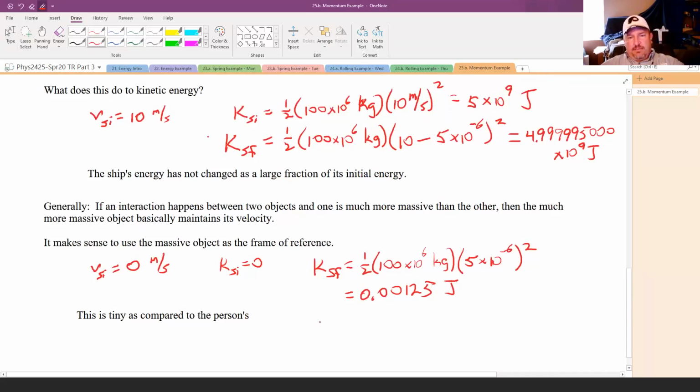That is tiny as compared to the kinetic energy of the person final, which is 1/2 times 100 kilograms times 5 meters per second quantity squared. So that's 2,500 over 2, which is 1,250.